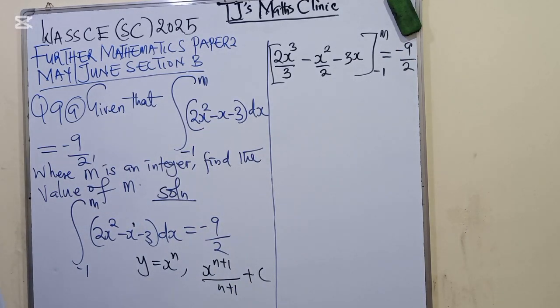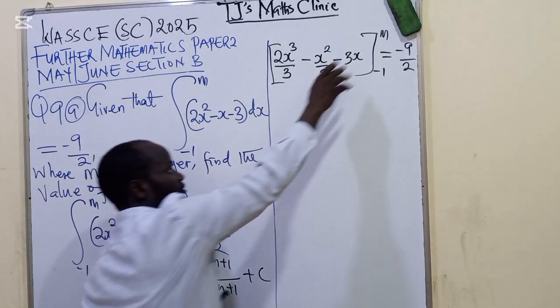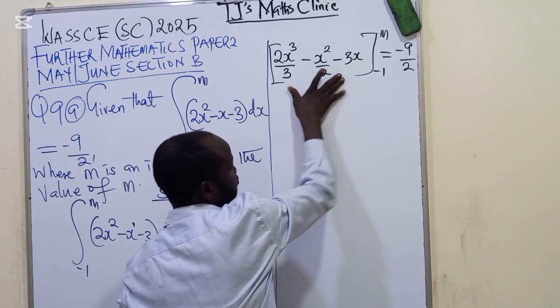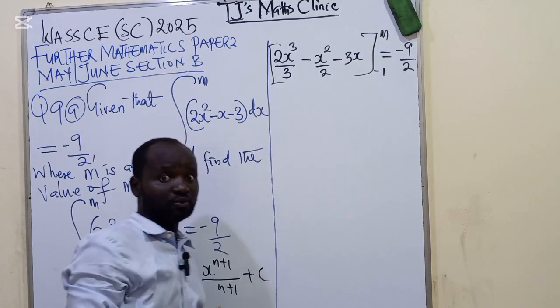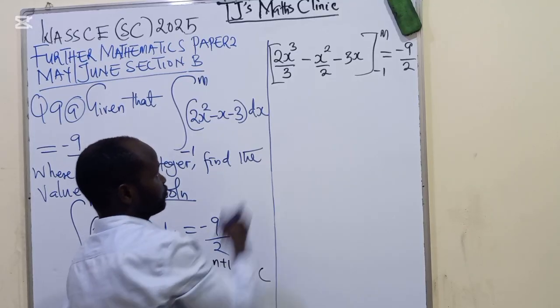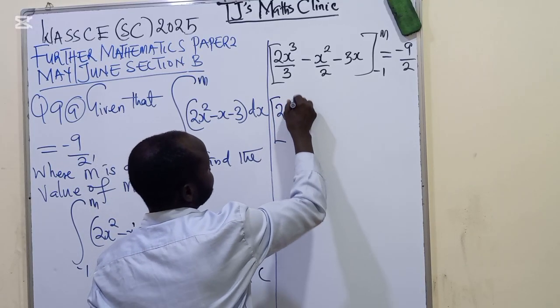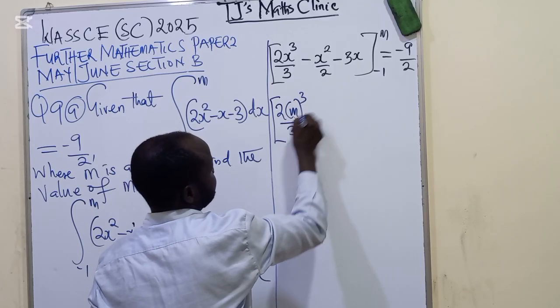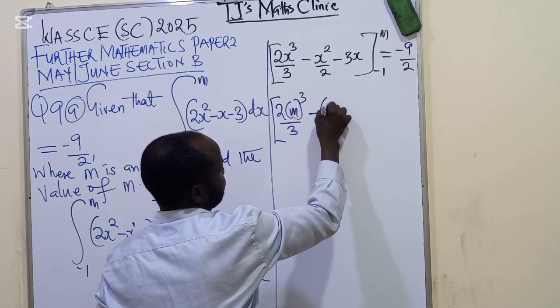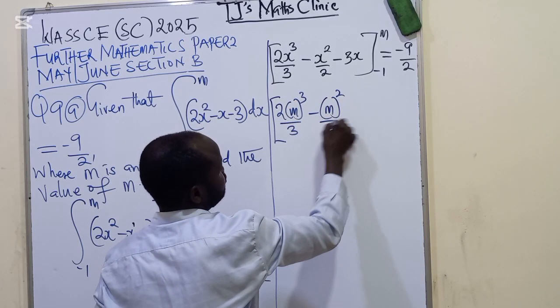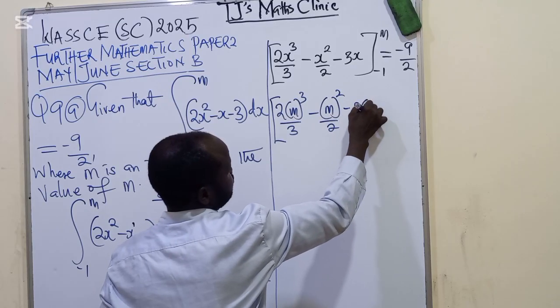The next thing to do is to take the limit. We pick the upper limit, which is m, we substitute, minus the lower limit, which is minus 1. Let's do the substitution. So we have 2 into m power 3 divided by 3, minus m power 2 divided by 2, then minus 3 into m.